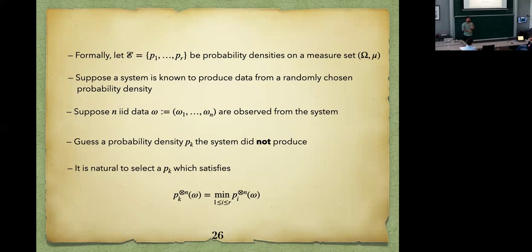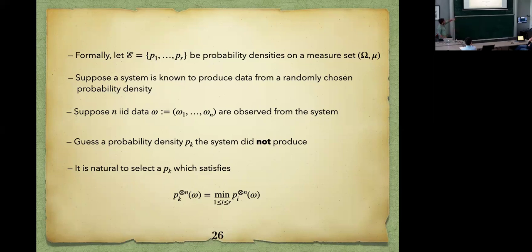So going back to that die game, if your friend rolled a die and got an outcome, and you have to answer what is the color of a die that was not given to your friend, the natural choice would be to choose the color which is least likely to produce that outcome.